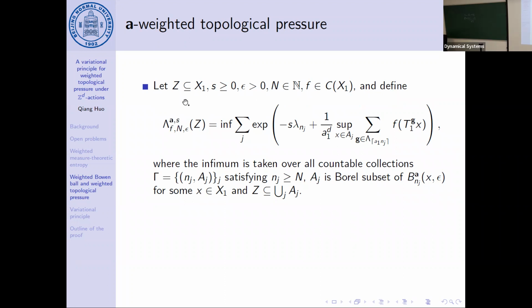Let Z be a subset, s non-negative, epsilon positive, N a natural number, and f be continuous on X1. We define, actually it is an outer measure for Z. We denote by lambda_{f,N,epsilon}^s in this way.